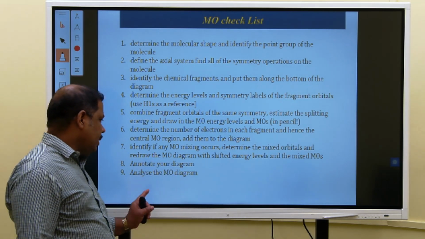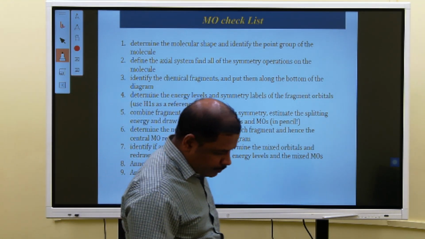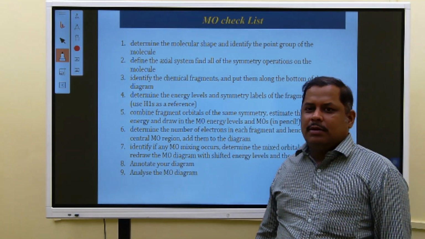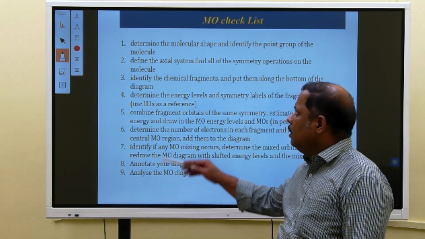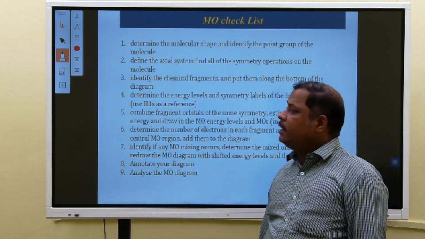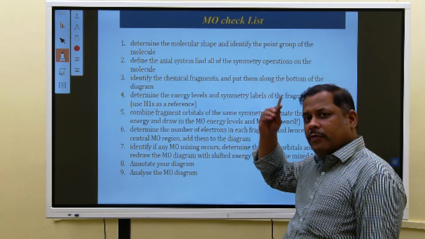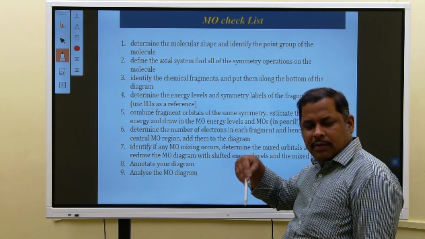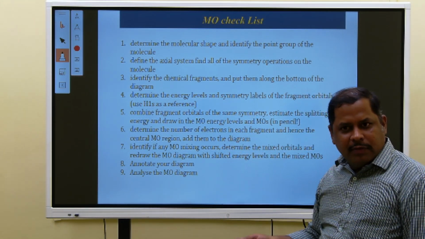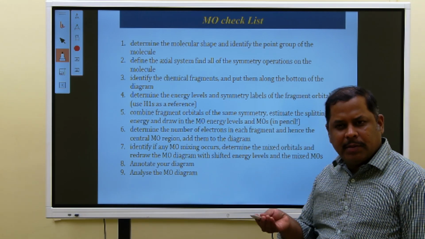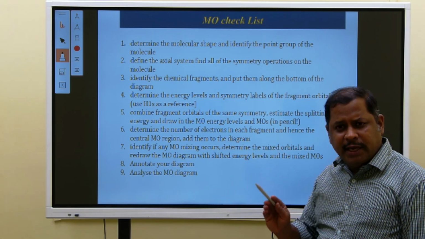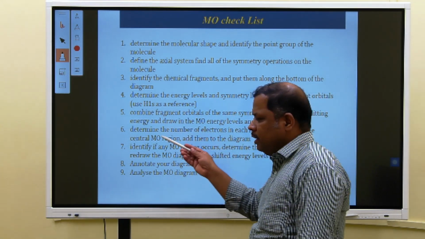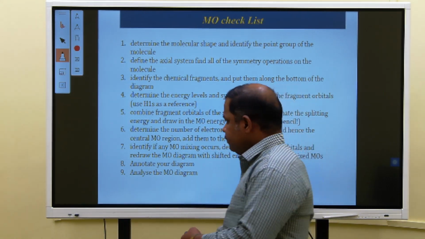Annotate your diagram and analyze the MO diagram. So: first shape, then point group, then axis, then fragment, then reduction formula, then projection formula, then the equations of the same energy, and then mix with the center atom. This is the checklist needed before jumping to BS3.